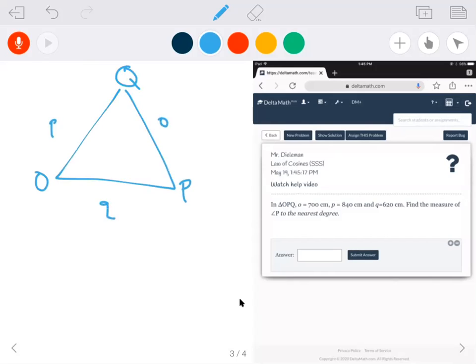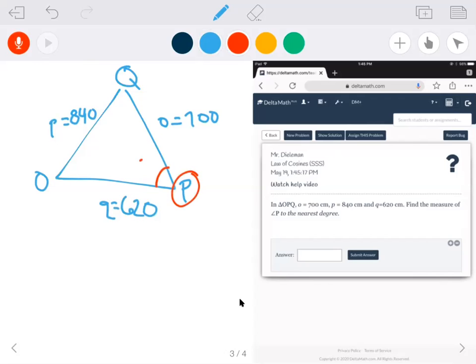And they tell us that side length O is equal to 700 centimeters, P equals 840 centimeters, and Q equals 620 centimeters. And they want us to find angle P.